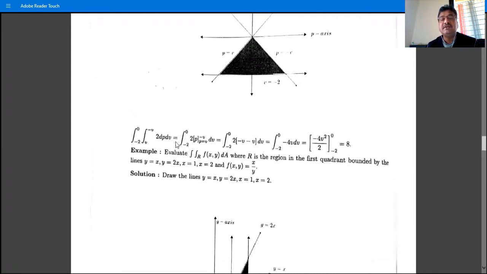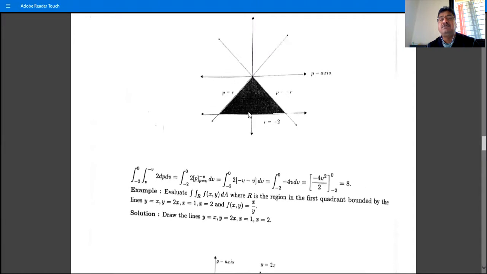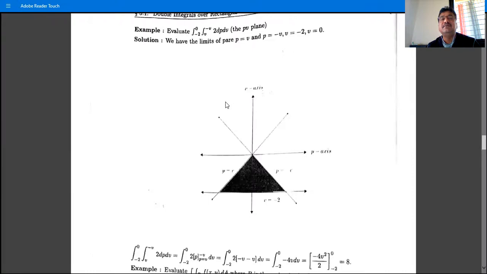So we can also change the order of integration by taking a strip. In order to integrate with respect to v first, take a strip parallel to the v axis like this strip, and then what are the limits? The limit of v runs from minus 2 to v is minus p.